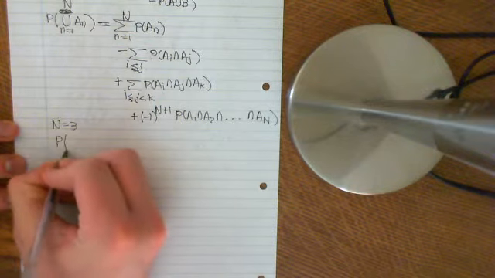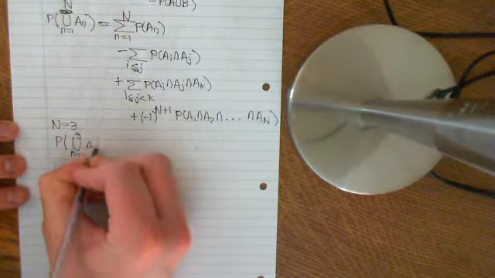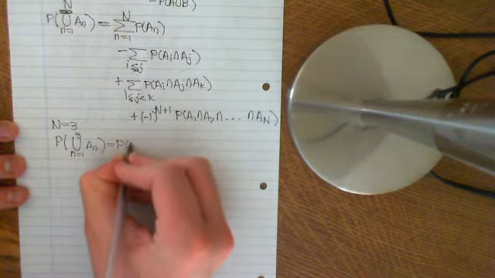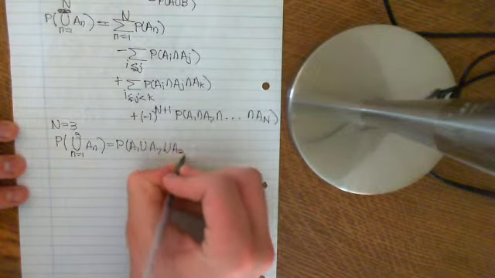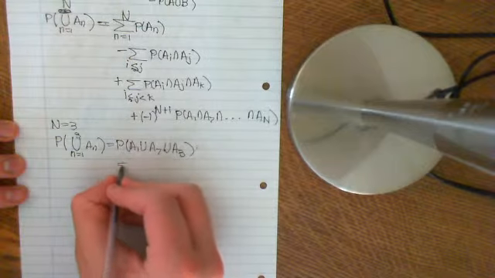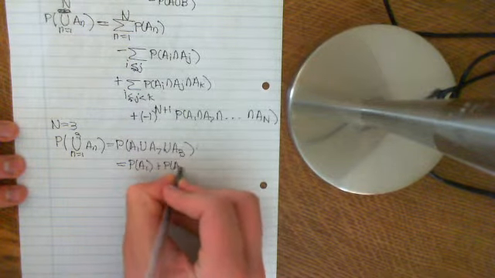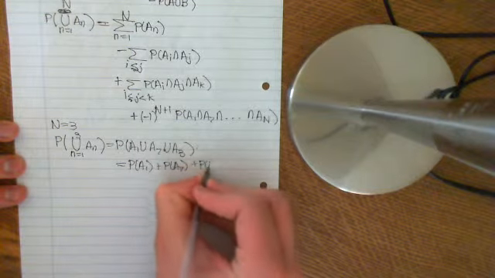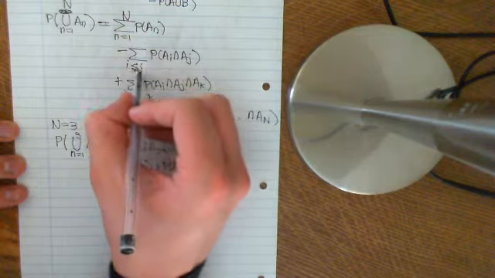So the probability of the union from n equals 1 to 3 of An, we could rewrite that as the probability of A1 union A2 union A3. And we're saying that it's equal to the summation from n equals 1 to 3, which we could rewrite as the probability of A1 plus the probability of A2 plus the probability of A3. Then we have to subtract off these intersections for i less than j.